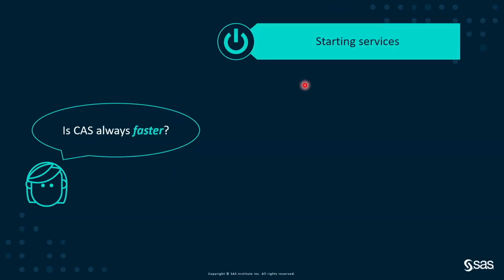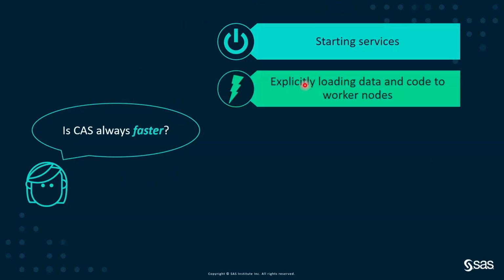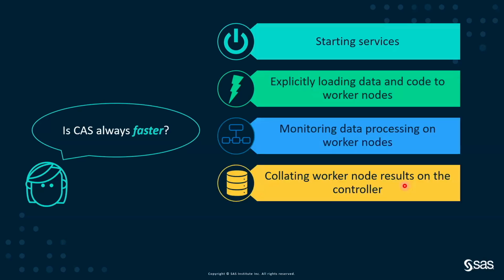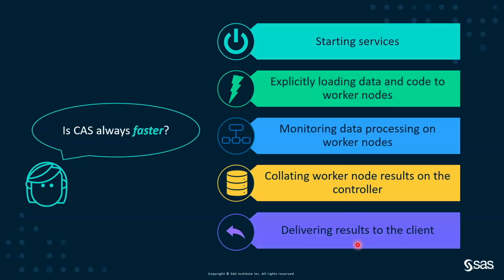But initially, there's some time that the CAS server will take. The initial loading of the data might once again take time. And then you want to monitor. So there are overheads and activities that need to be done, for example loading the data, monitoring the data processing, collating the results and everything, and then delivering results to the client. Now, all these activities are justified when you are dealing with very heavy data sets.